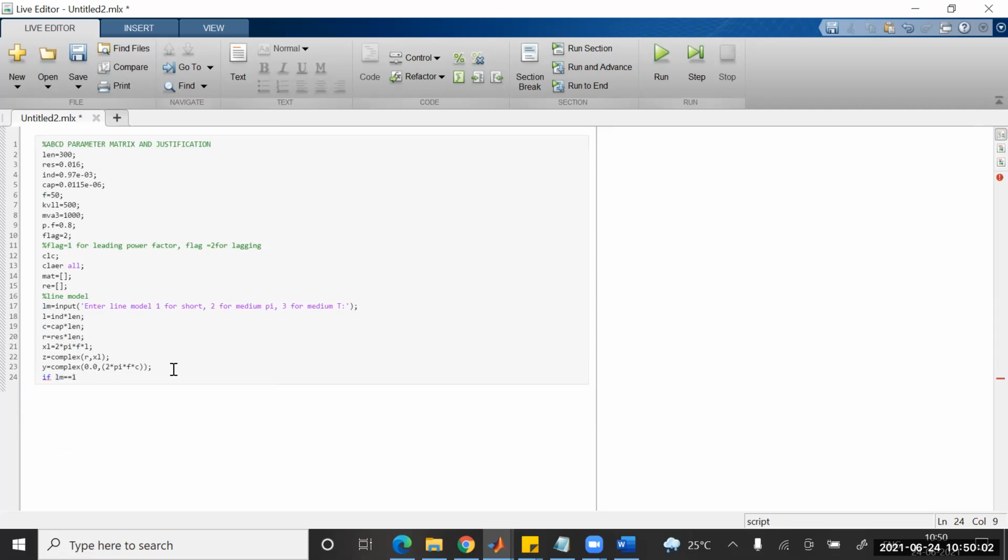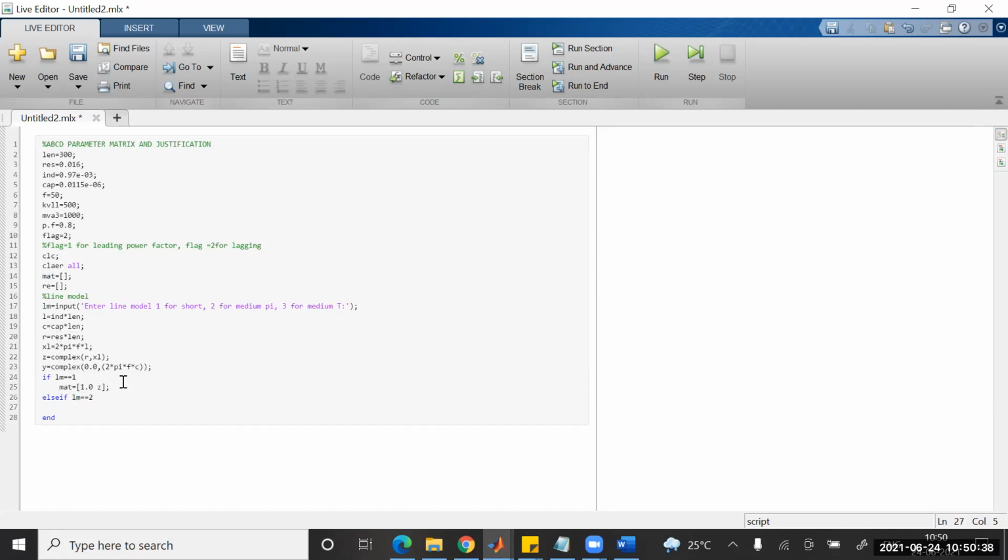If it is true, then your mat, that is your matrix, would equal 1, z, 0, 1. Then we'll have else if lm is equal to 2.